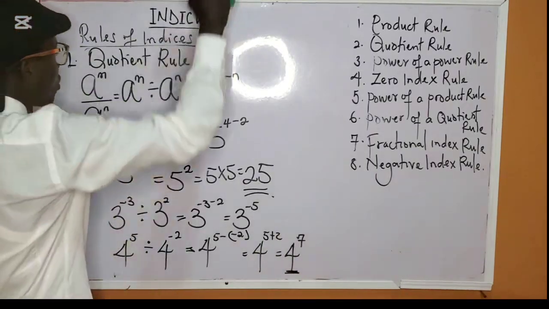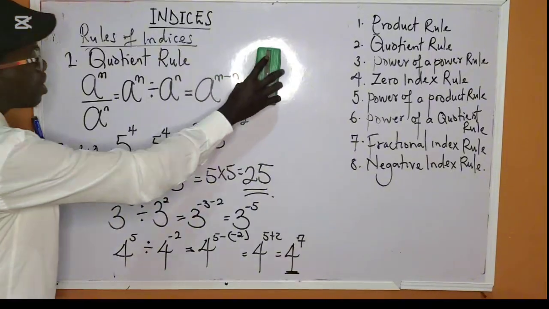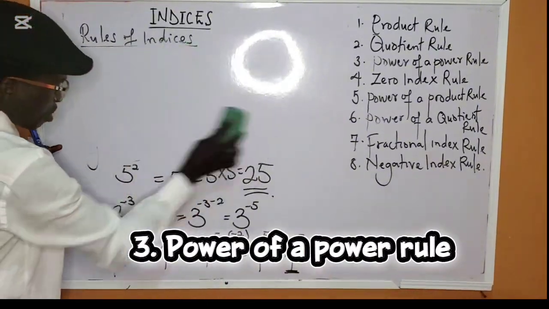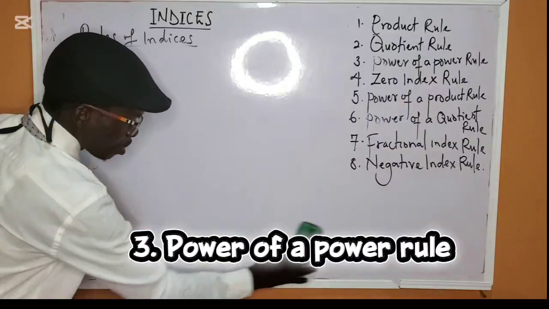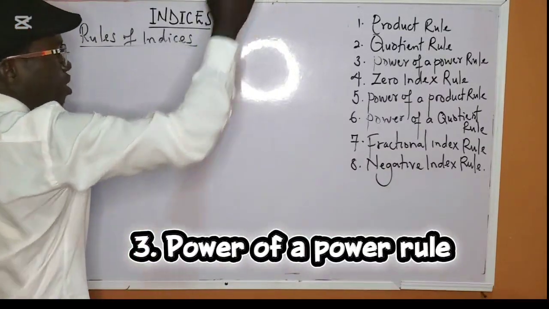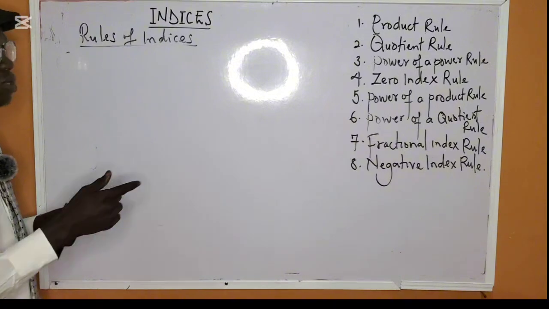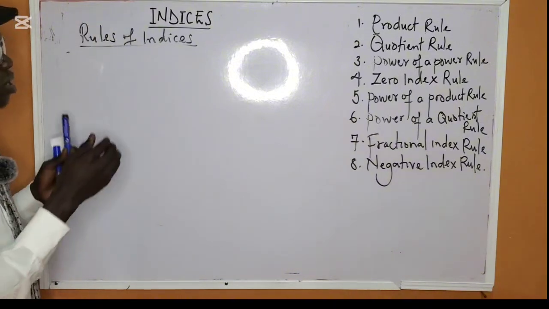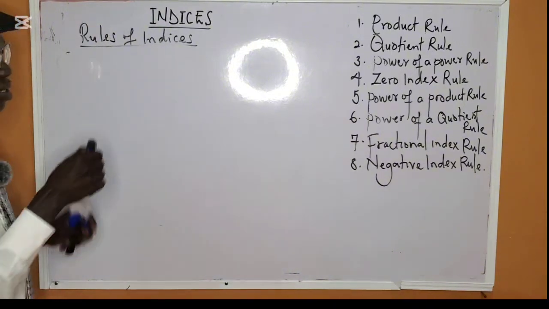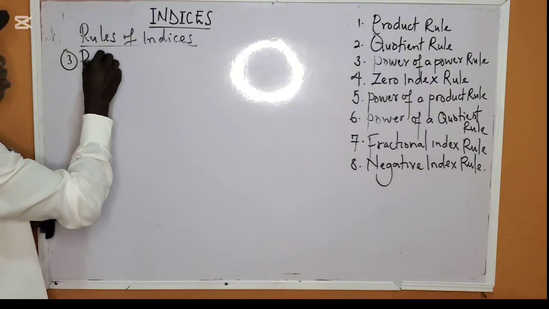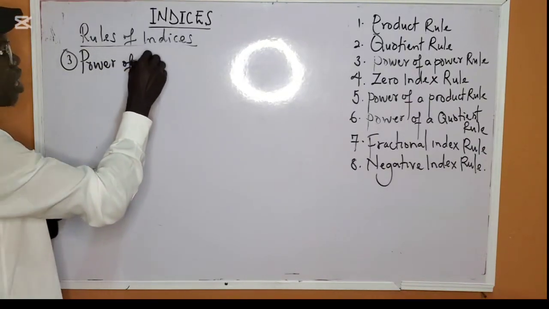So the next one we are going to be talking about is the power of a power rule. Power of a power rule states that whenever we are multiplying a number with a power by another power, the powers are going to multiply each other. So number 3 is the power of a power rule.